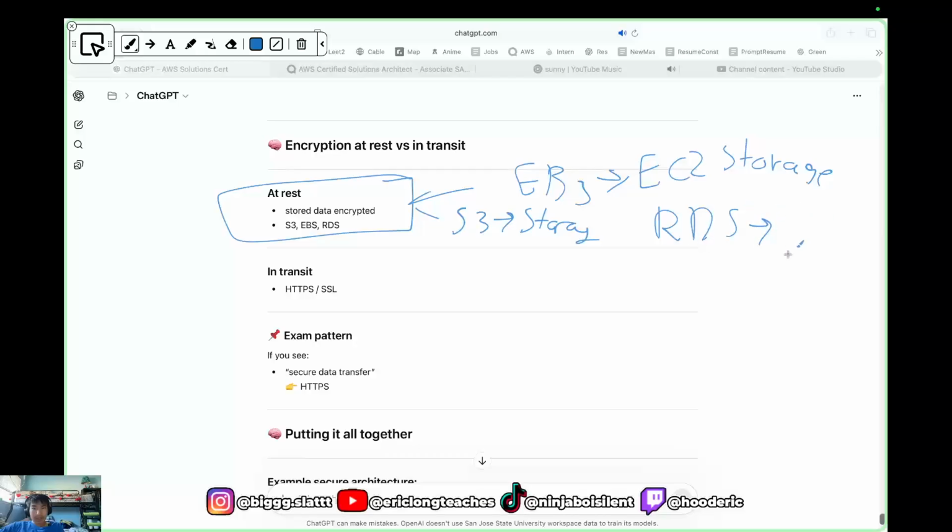S3 is storage. EBS, Elastic Block Store, is also storage. RDS is relational database storage. In transit would be known as HTTPS and SSL. The exam pattern we see is that secure data transfer would be HTTPS.